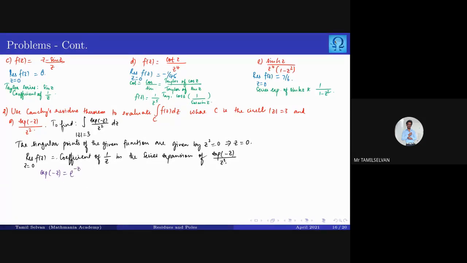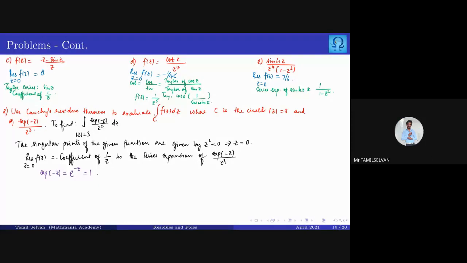It is nothing but e power minus z. Exponential means this is e power. I am just asking for its series expansion. What is it? Sir, 1 plus z by 1 factorial minus z.